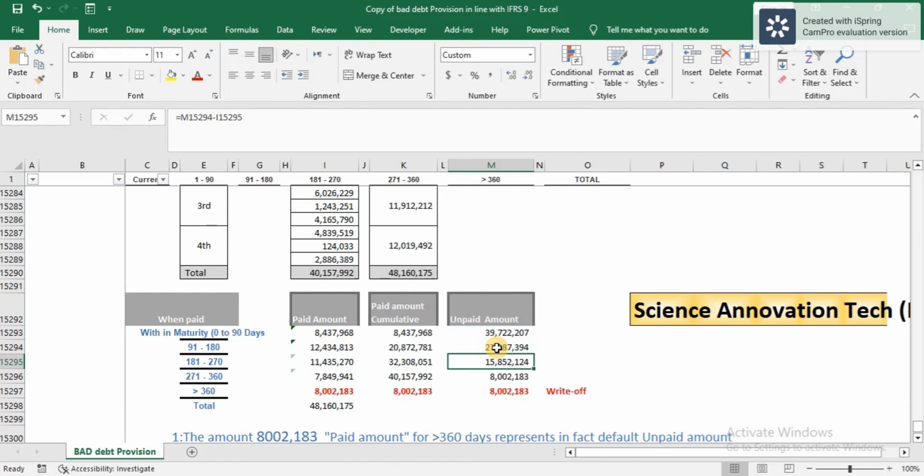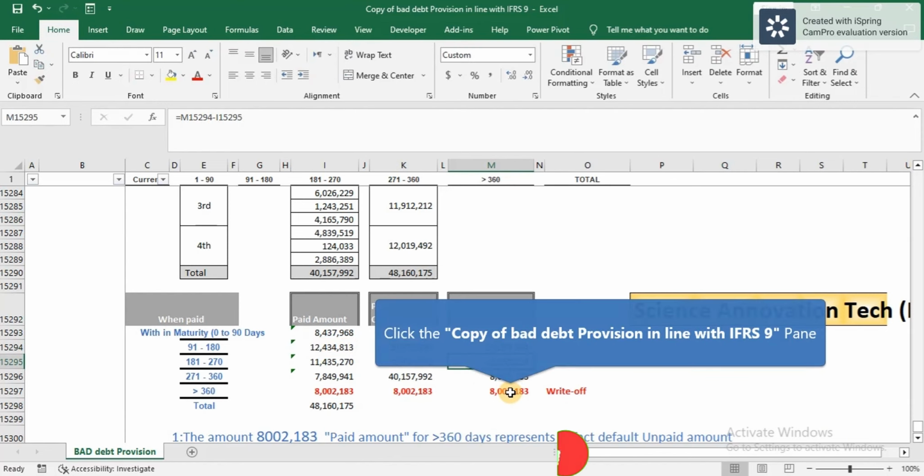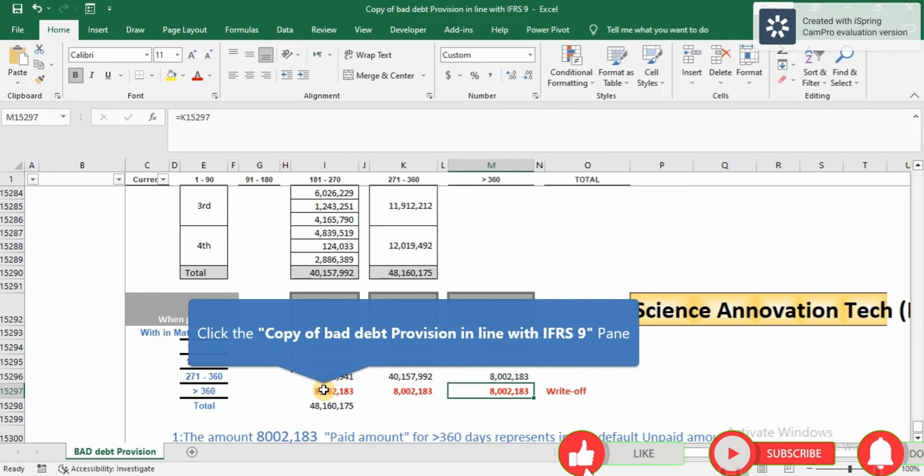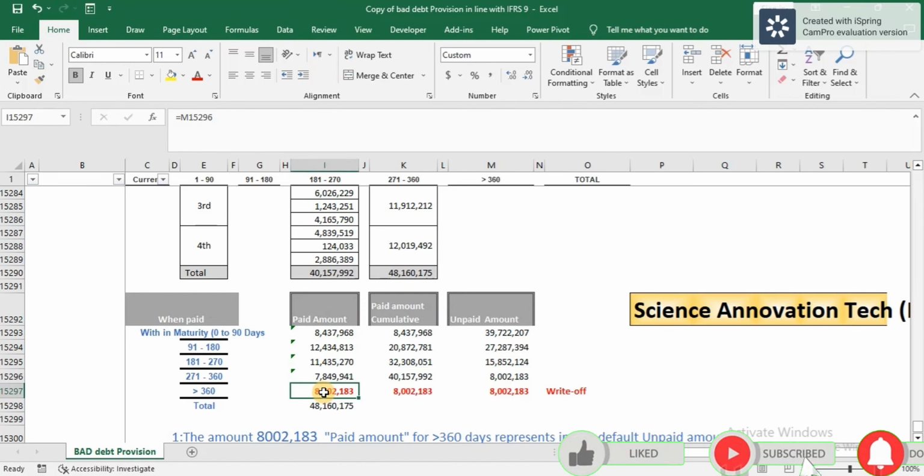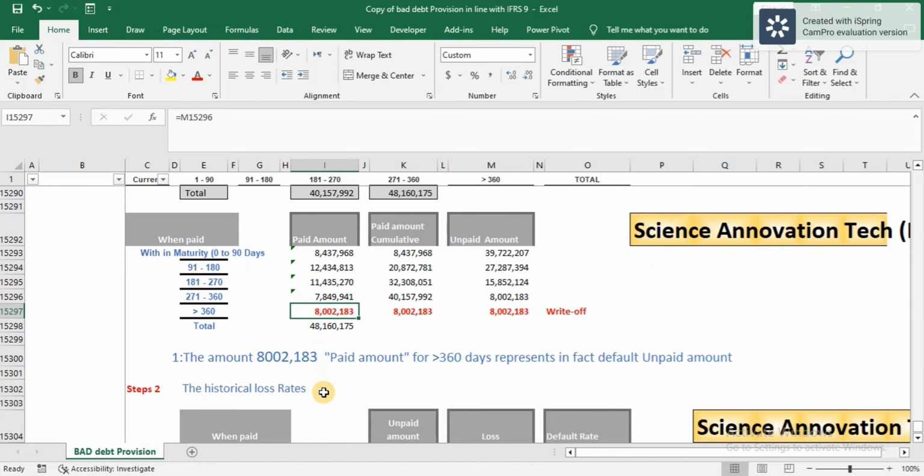This is the formula I have written here, and coming down, these are the receivables outstanding for more than a year, which will be considered a write-off, because they will not be collected.